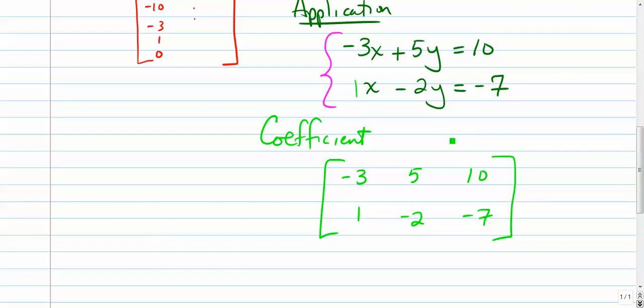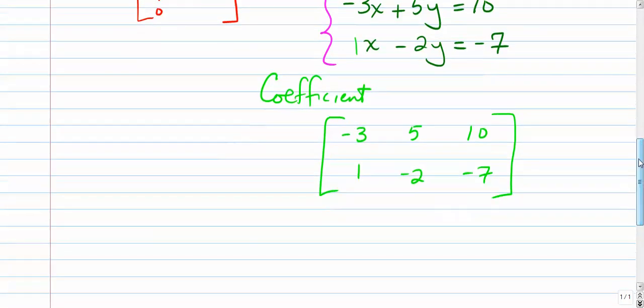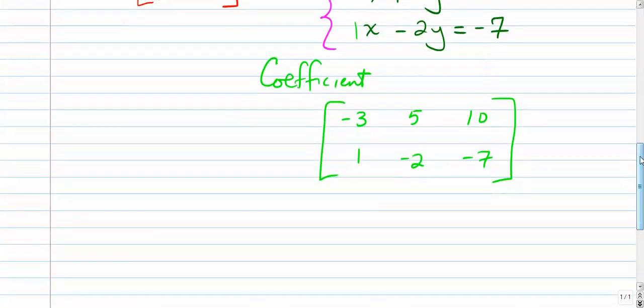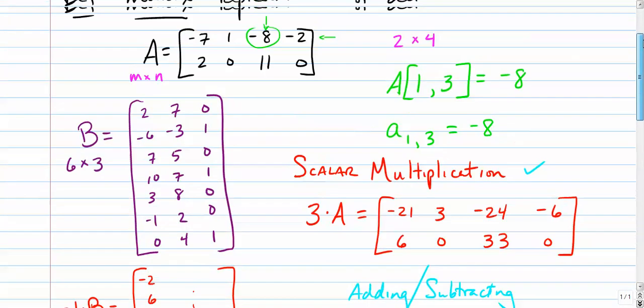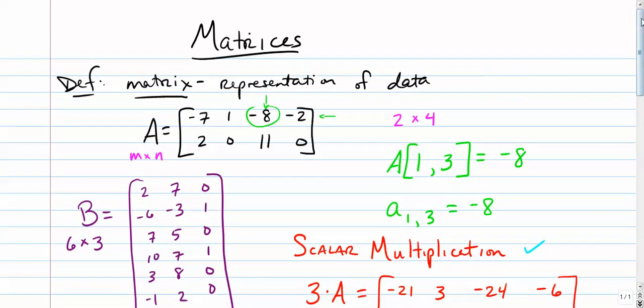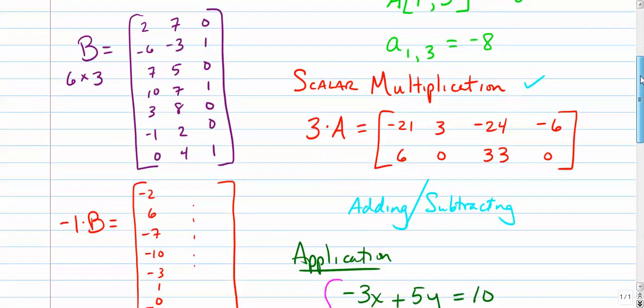I'm turning that into a matrix. It's kind of like a little equal sign dotted line right there. You don't usually see that, but that's really kind of what it looks like. And then from there you would solve that by using some tricks, and your answer would come out from those tricks. But in any event, that's a good place to start, and my next video is going to be on addition and subtraction.